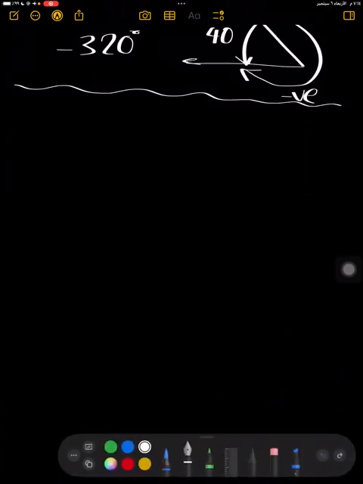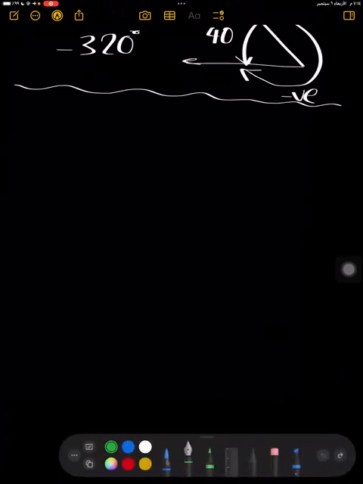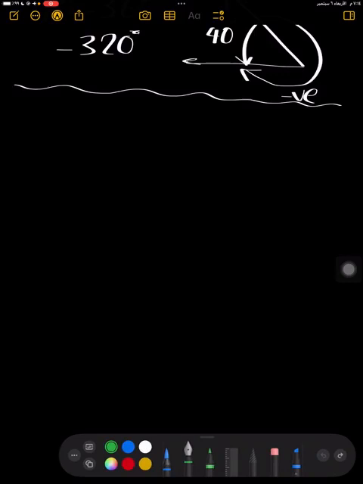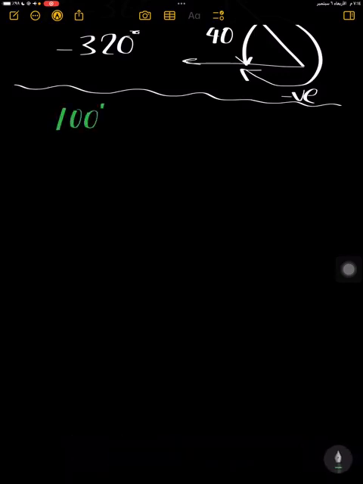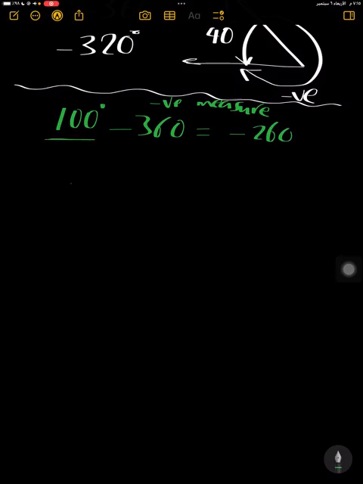Now we have an angle of measure 100 and we want to find the negative measure. We make this angle minus 360. It will be negative 260. Another example, we have an angle of measure 50. We make 50 minus 360. It will be negative 310 degrees.